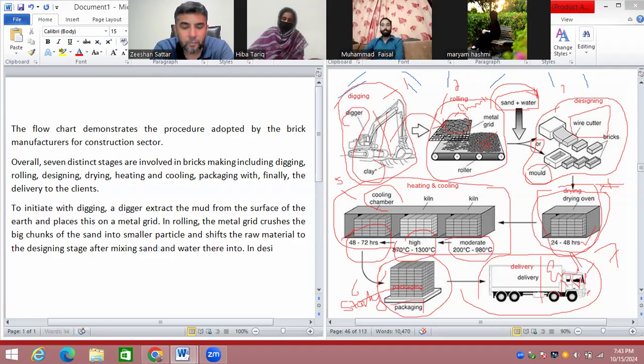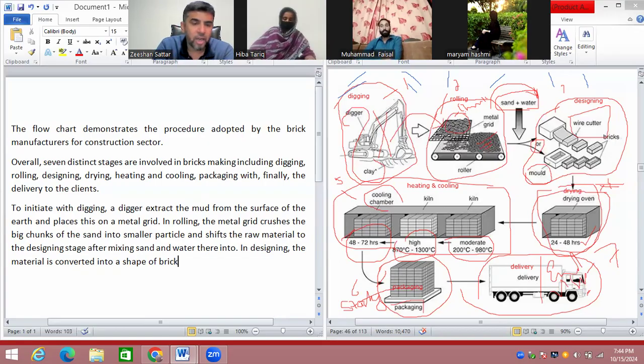In designing, comma, the material is converted into the shape of bricks, either by the use of a wire cutter, that is written here.